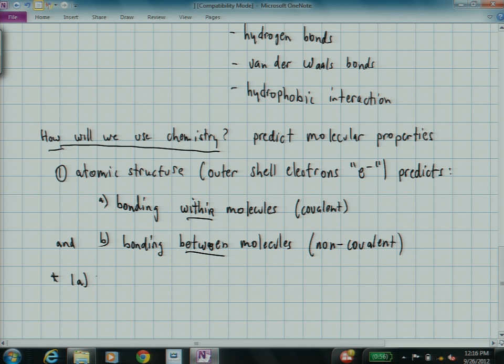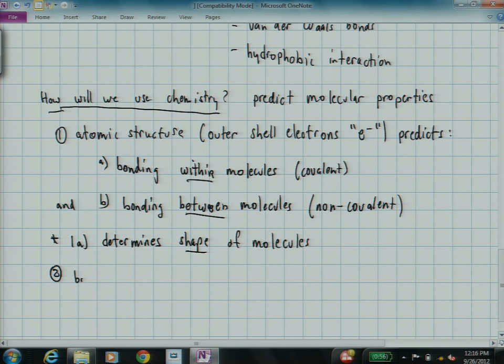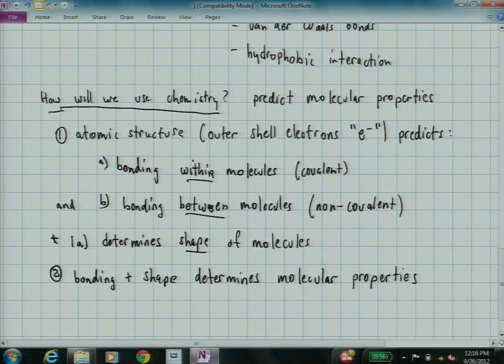And the second rule is that bonding plus shape determines molecular properties. Okay. It's like people asked about there. It's all about the bonds. That's how it determines everything that we're going to be talking about here.